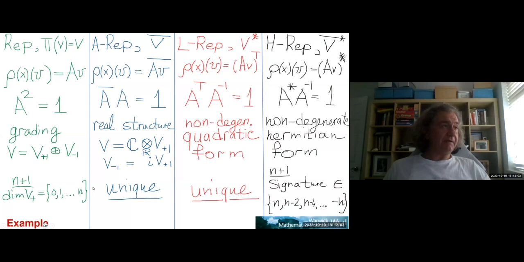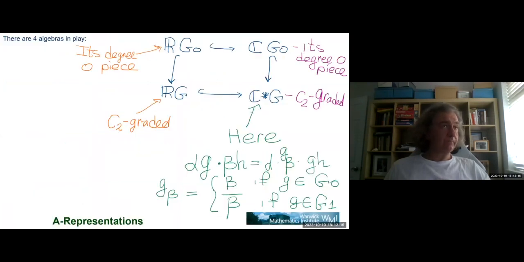Good. Okay, so let me concentrate on the blue picture, on the A theory now. So the next part of the talk is A theory. A theory is something we are used to. All we have to do is take the group G, remember it's graded, so it has two cosets, G0 and G1.